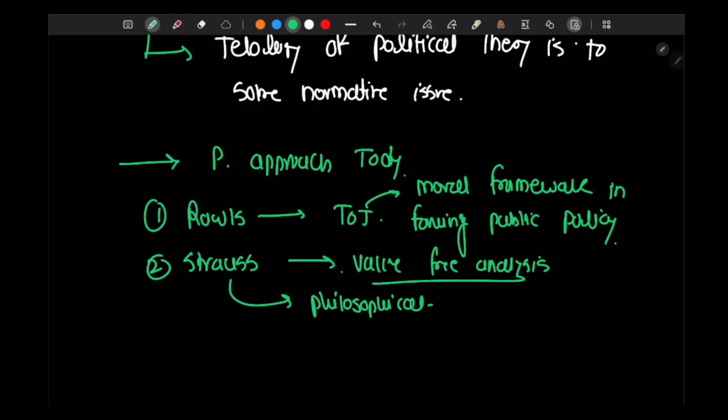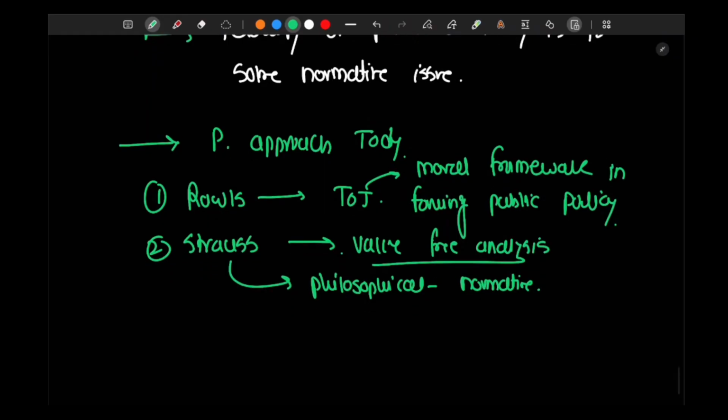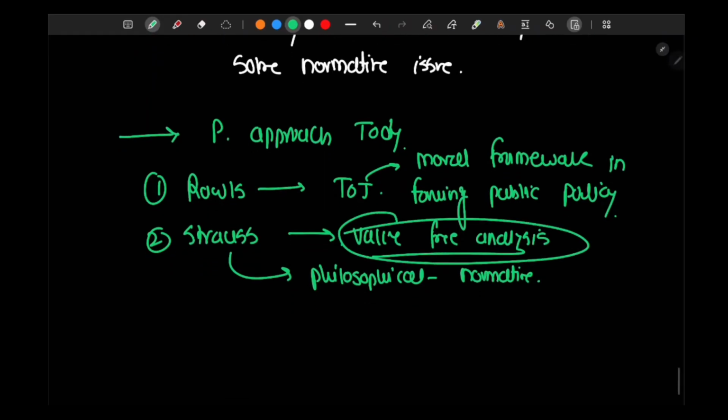You have to be normative. You cannot do study of political science without understanding the values within political science. He criticized value free analysis.